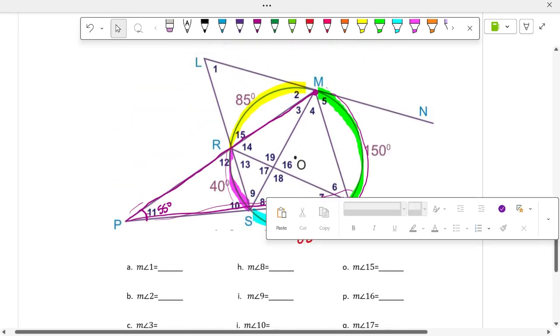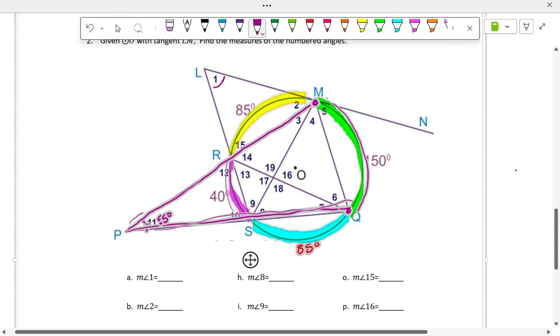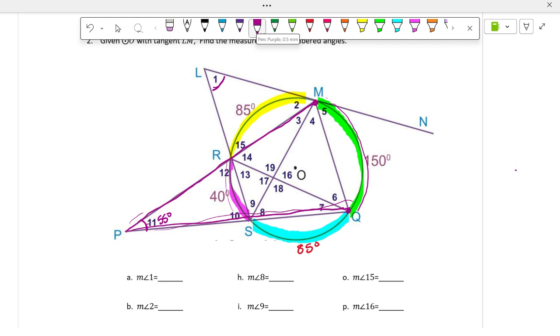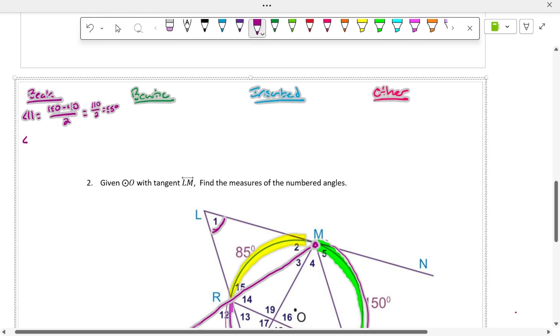All right. Now let's go with Jonathan M. So what's the other beak? 1. How do you find it? Right. So what's my B and my A? Good.